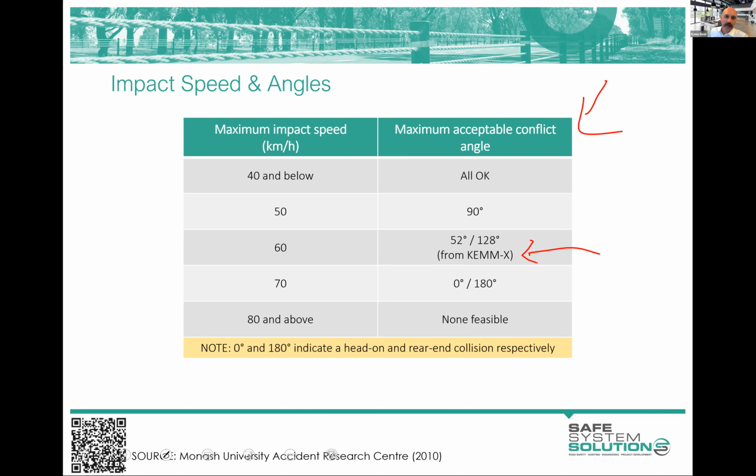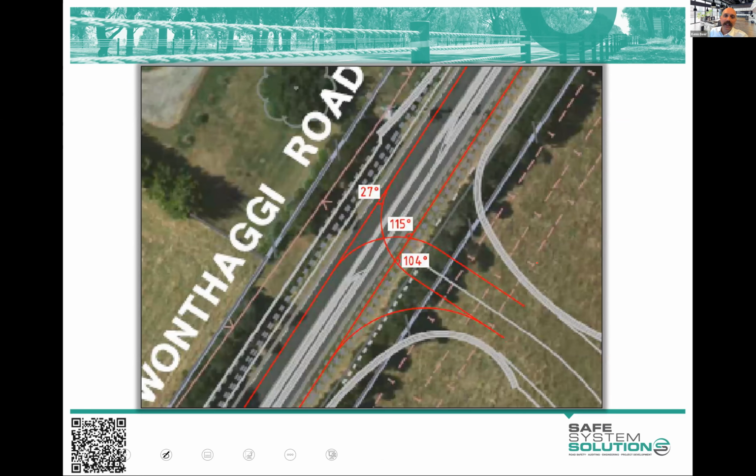But you can see there, we've got some speeds, and so you can start to think about crashes that could happen at a proposed intersection, or an existing intersection, and start to think about angles and speeds. And you're starting to get an idea then of whether it's in tolerable levels or not.